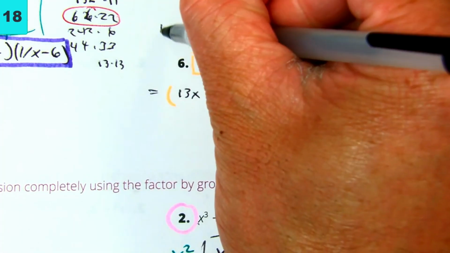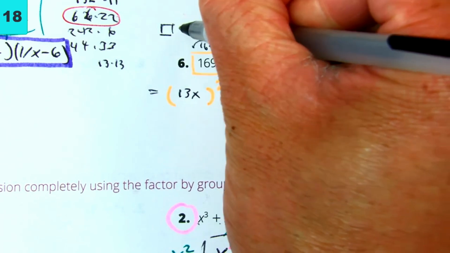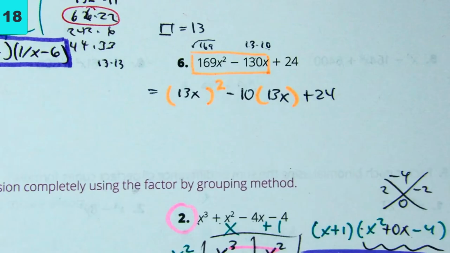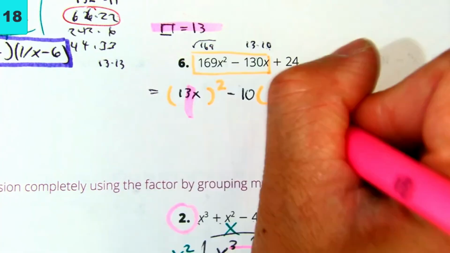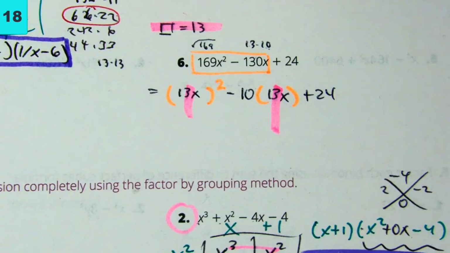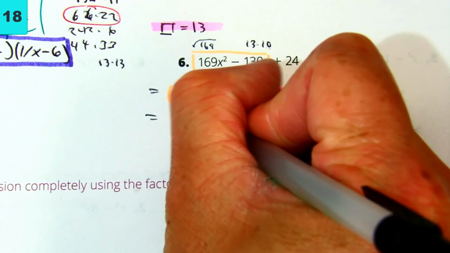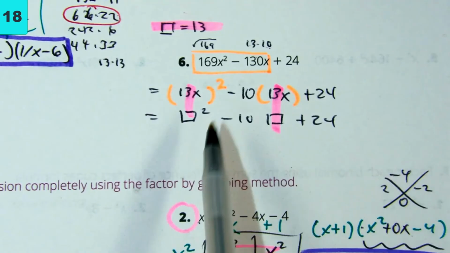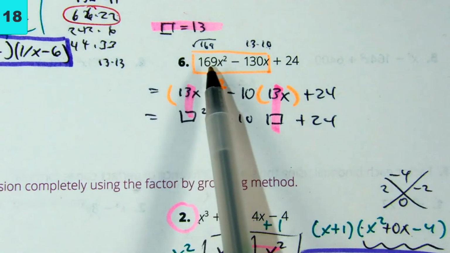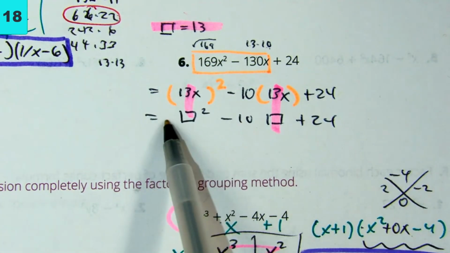And then you can also use your favorite variable, or you guys like using a box. So my box is going to be equal to 13x. So I'm going to get box squared minus 10 box plus 24. What this substitution has done is changed our a value from 169 now to 1.